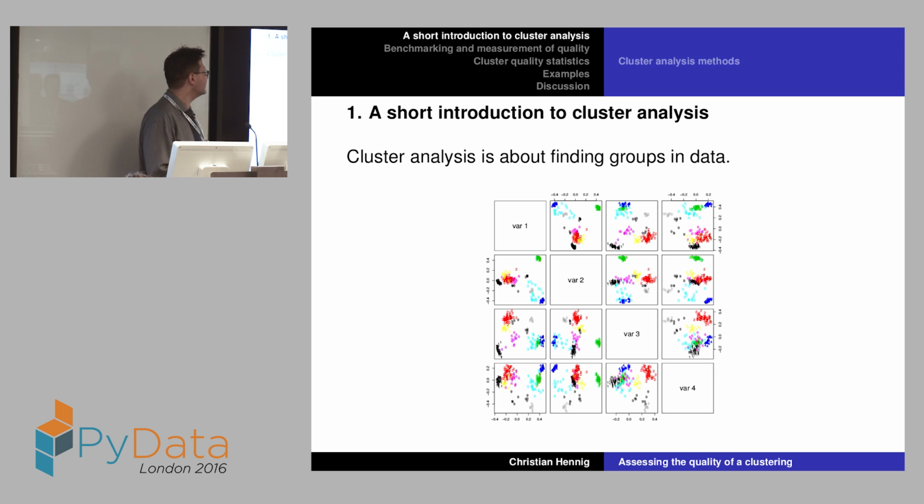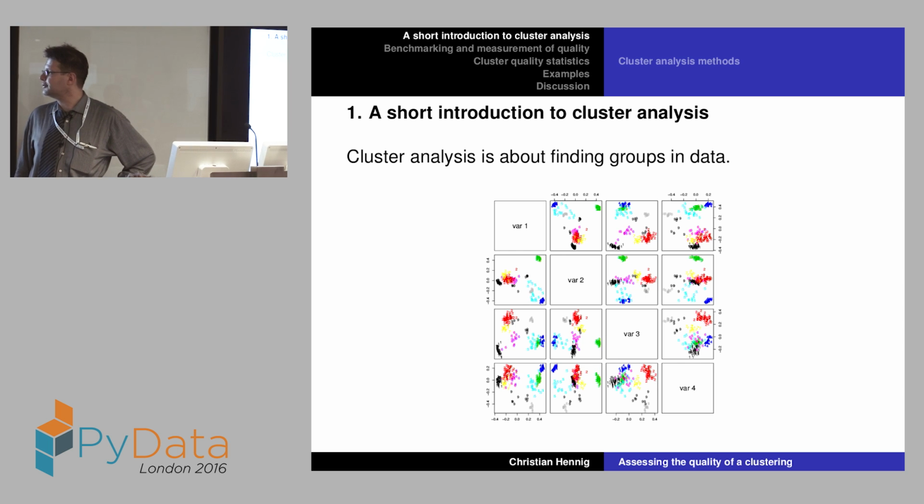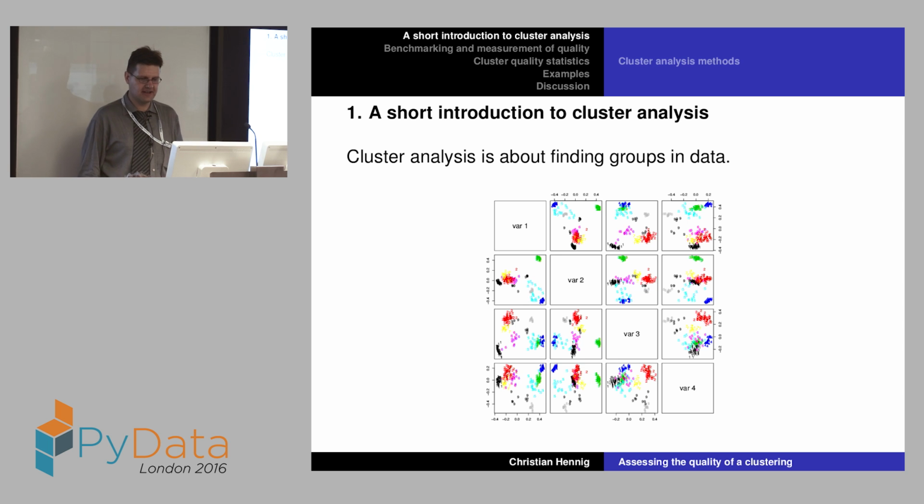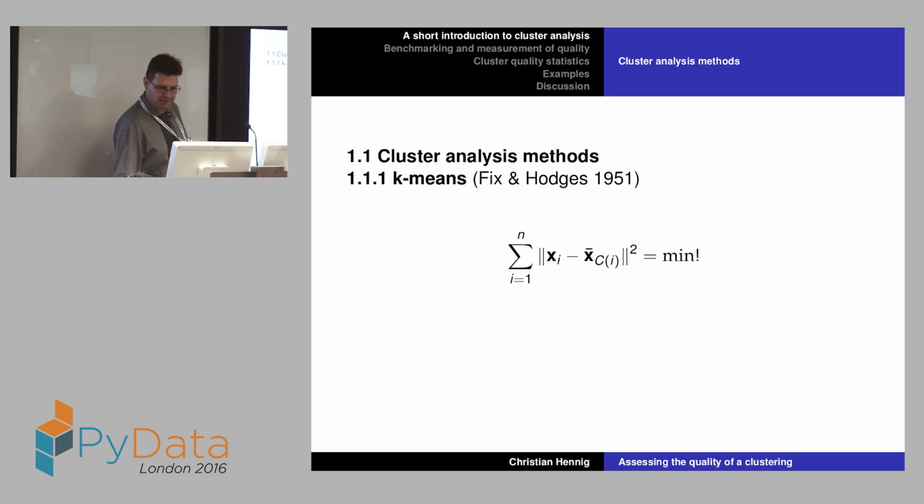And the idea is that using this genetic information, one could find species of these Bs. And that would basically mean we try to group these Bs into some groups. You see some groups already here on the screen. And there are actually lots of different methods to do this. I will quickly run through some of them.